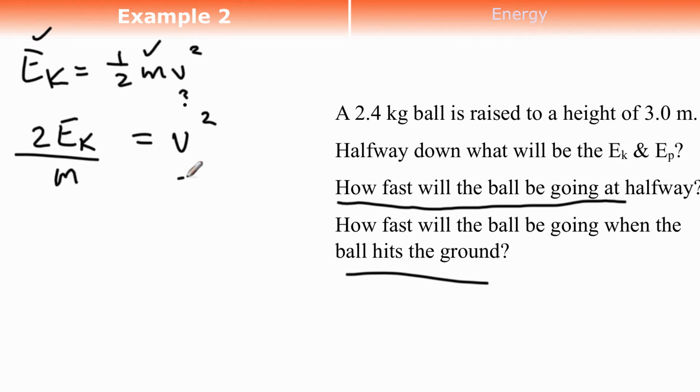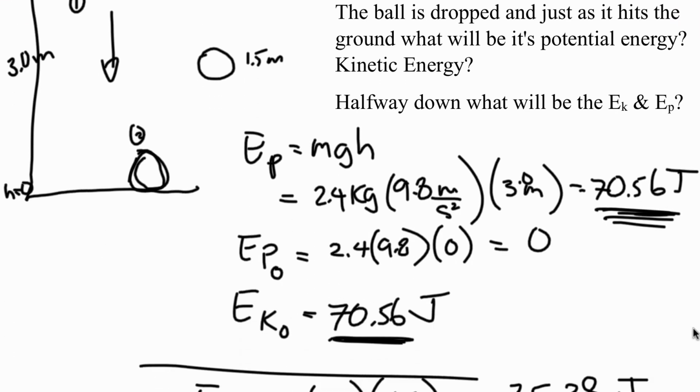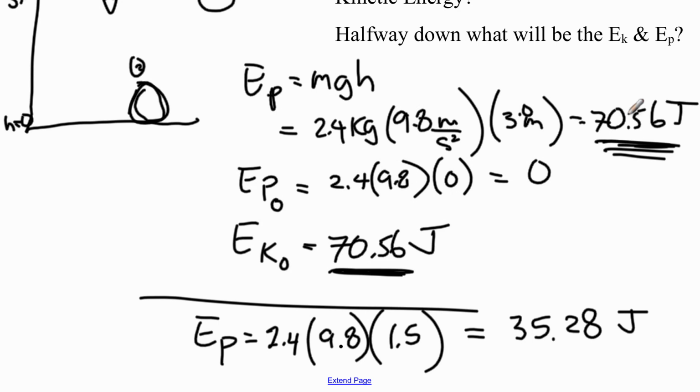So 2.4 kilograms. Oh, now that's the same question as one we just did. So let's just cheat and figure out what the kinetic energy is halfway down. So here was potential at the top, potential at the bottom, kinetic at the bottom, and then right here, this is the one that was halfway down. So 35.28.